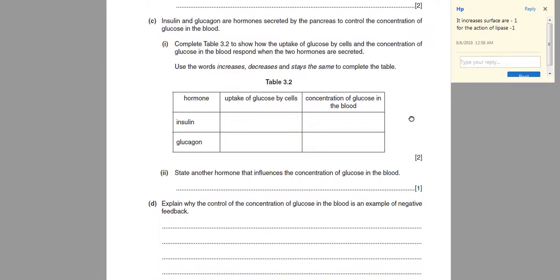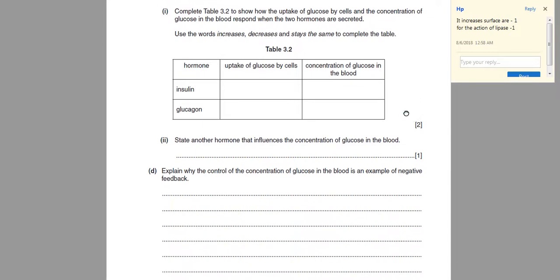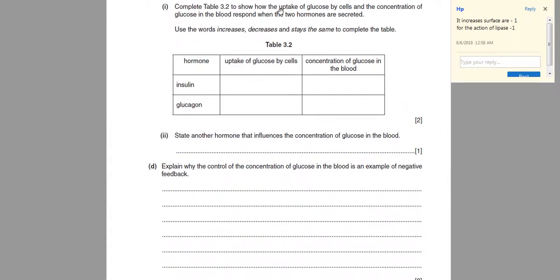Okay, so what are they asking? They are asking to complete the table to show how the uptake of glucose by cells and the concentration of glucose in the blood respond when the 2 hormones are secreted. So here what are they asking in the table? Okay, insulin.